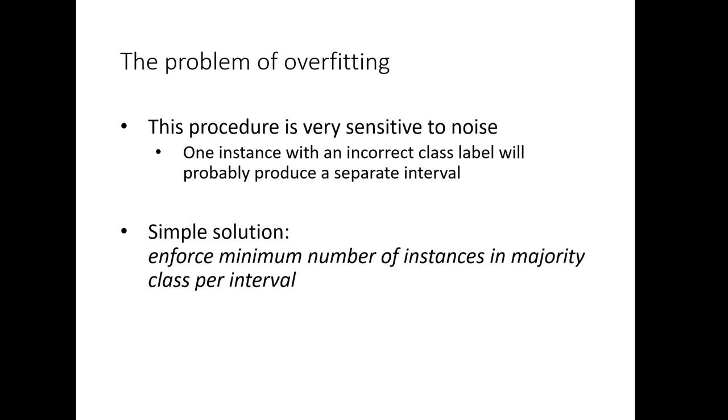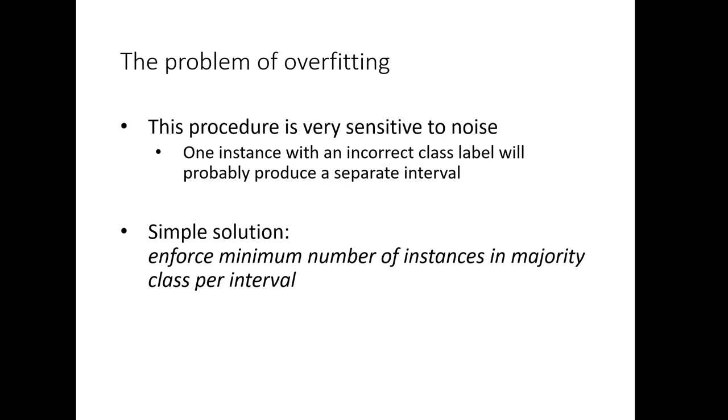If you have one incorrect label, when you have data, you know that sometimes we have erroneous data. We made mistakes. So one error will mean that it's a separate interval. Which means what we were trying to do earlier is not going to work. So we have a simple solution for this.